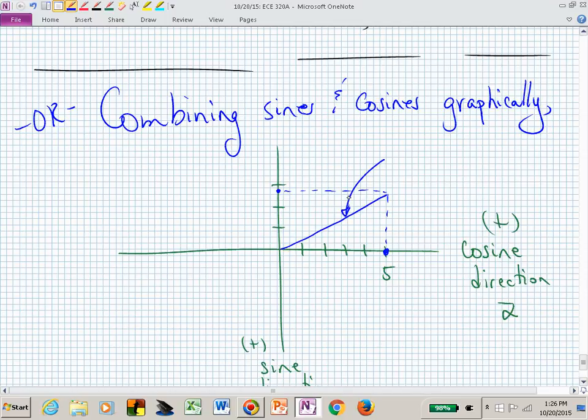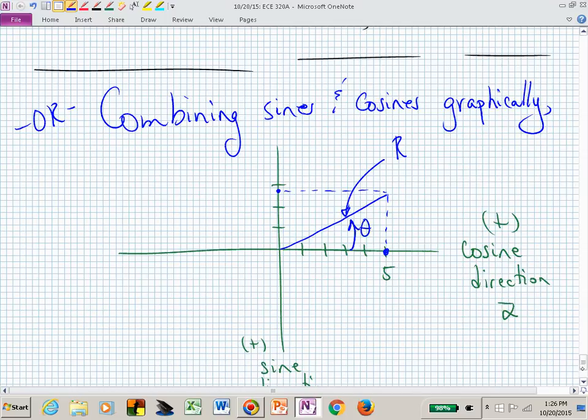This length is r, and this angle is our theta. So you have this right triangle, it has sides of 5 and 8/3. You can find the hypotenuse, and you can find the angle of that triangle by taking the inverse tangent of minus beta bar over alpha bar.